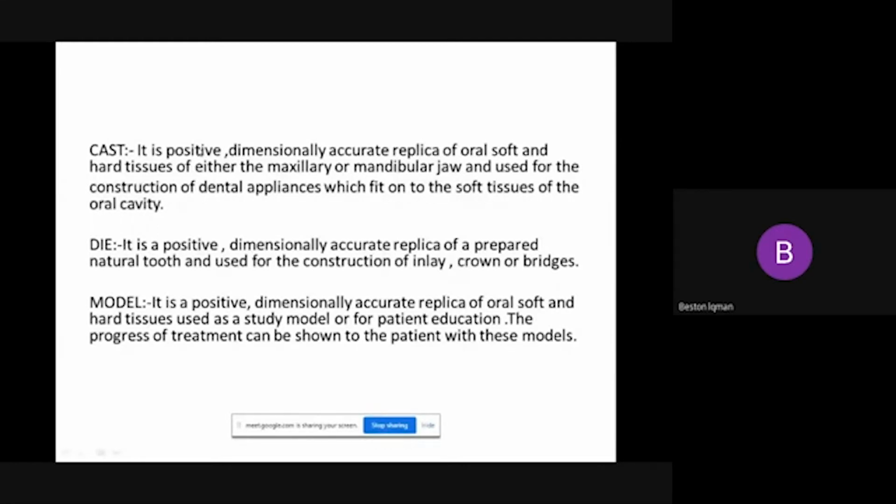let us say, when you have orthodontic treatment, first of all, you take the impression.